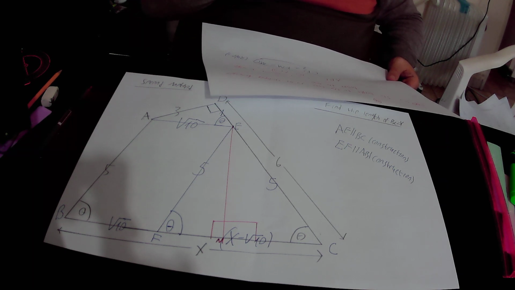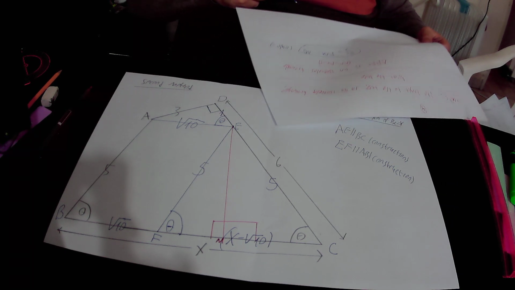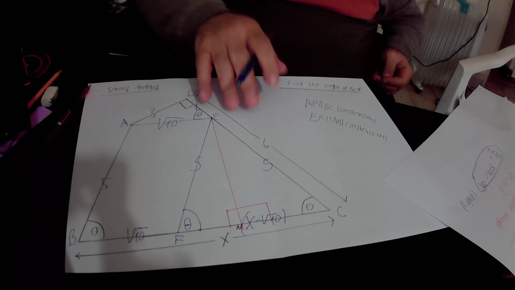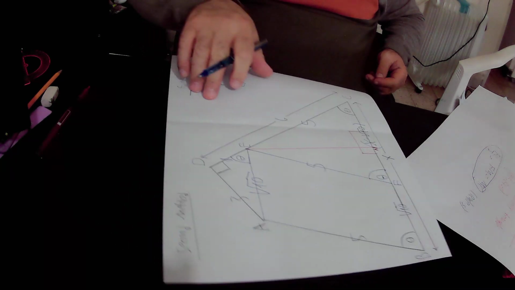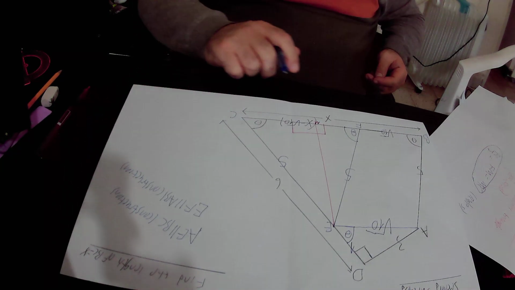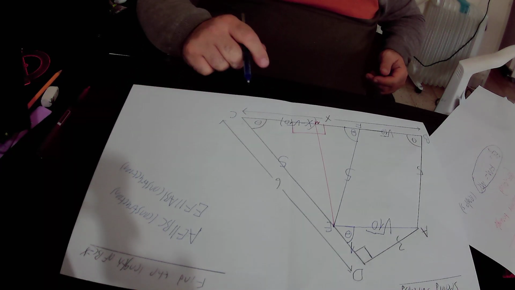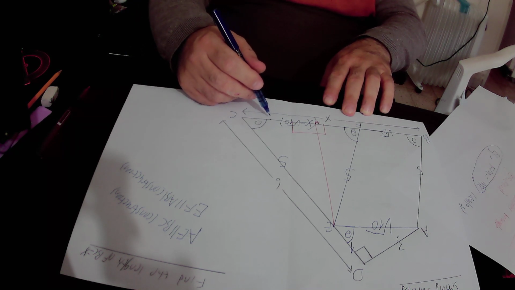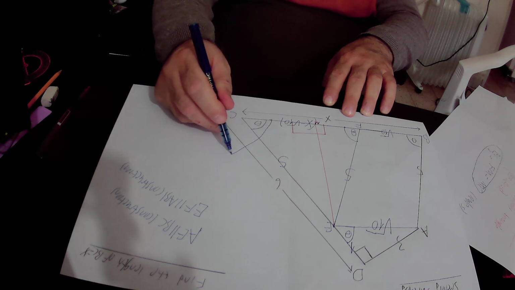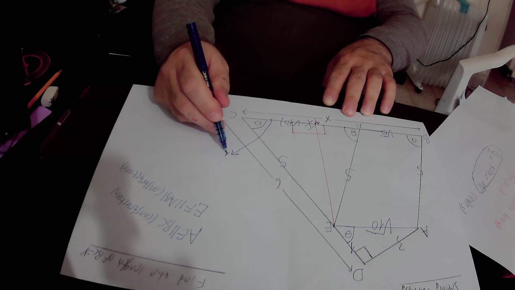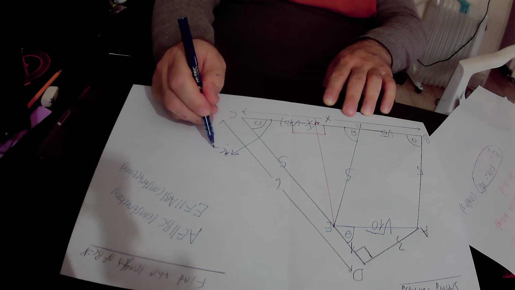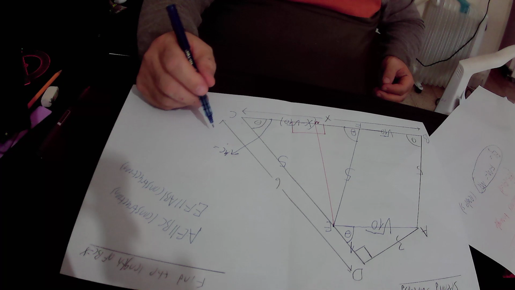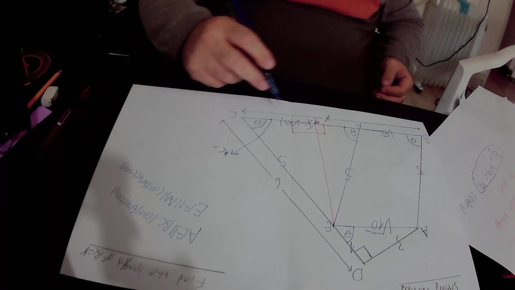Okay, so here the size of side MC will be equal to FC over 2.